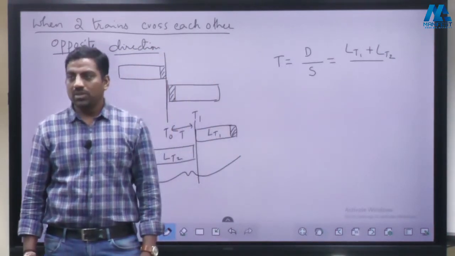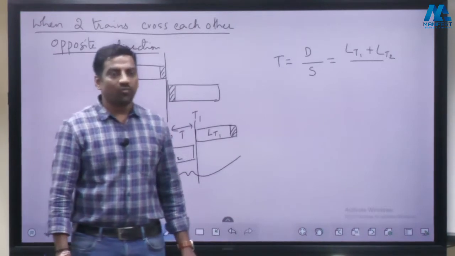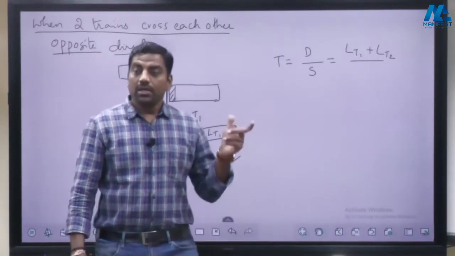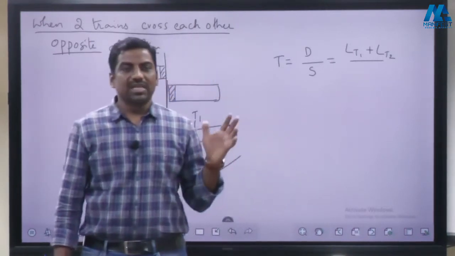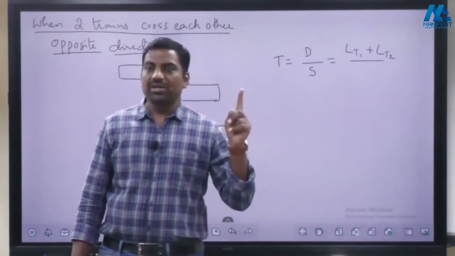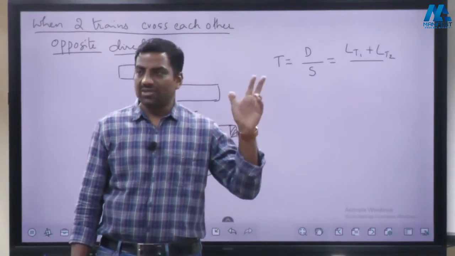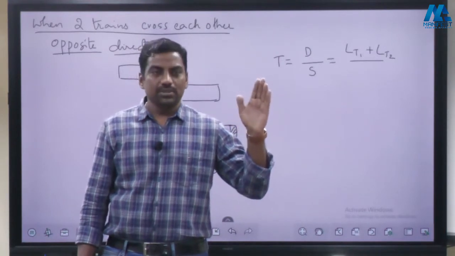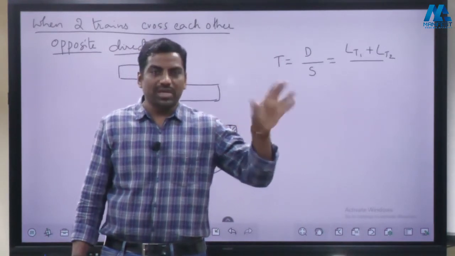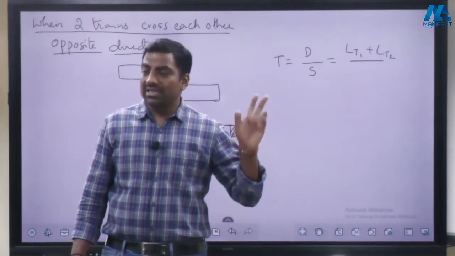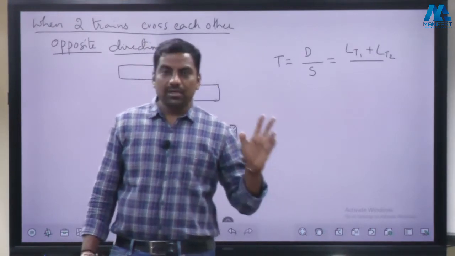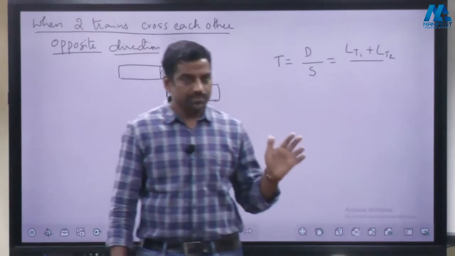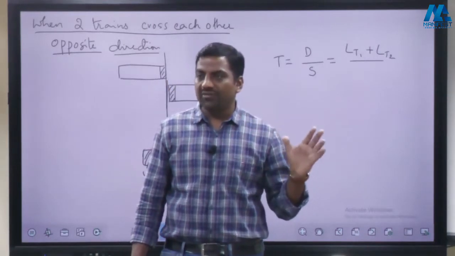Anyways, in all the cases so far, in the numerator it is always the length of the train. When one train was there, we took the length of train 1. And when a man, tree or pole had come, they don't have significant length, so we did not consider them. But in the second case, we had taken a platform or tunnel or a bridge, so there we have significant lengths.